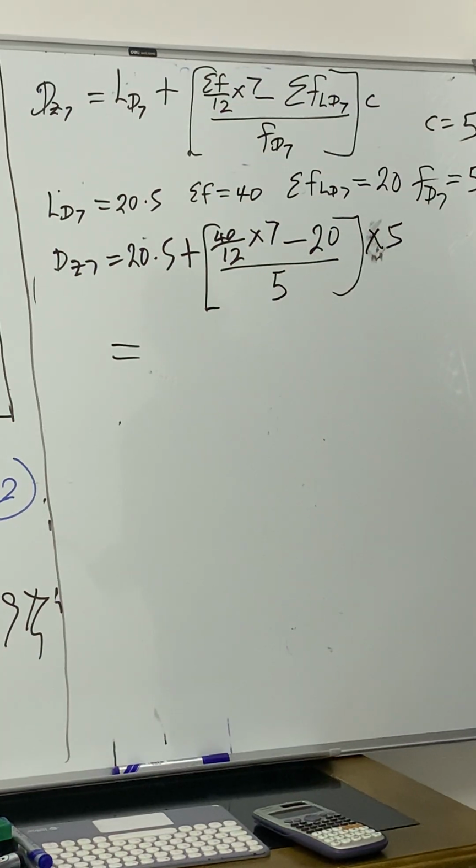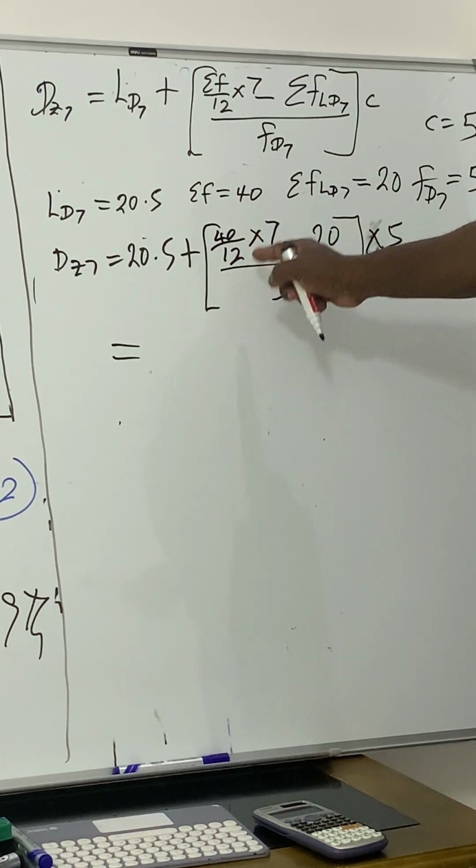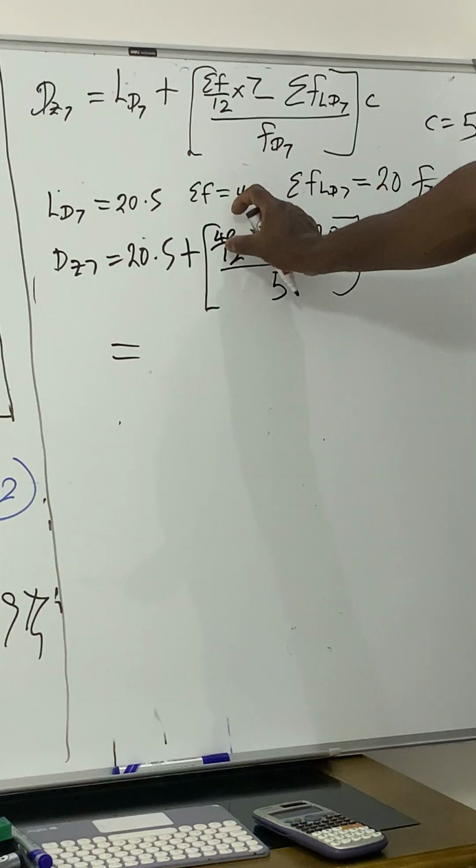If you compute this with the type of calculator I always recommend for you, which is Casio FX991 ES Plus natural display, you can type it directly the way you see it on the board, but just recognize the fraction button. This is one fraction button, this is another fraction button.